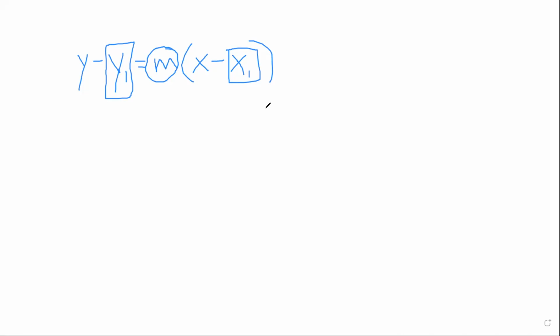The second movement is going to be the same. We're going to use the slope to put a second point on the graph. So at least from a graphing standpoint, the only difference is your starting point between slope intercept, which is y equals mx plus b, and point slope.